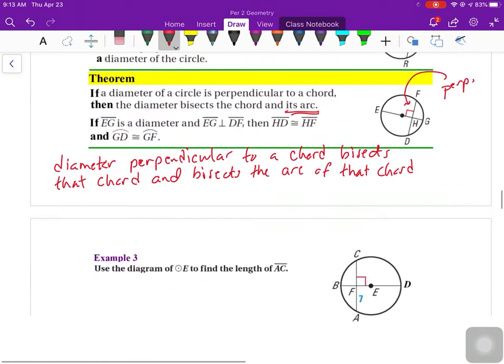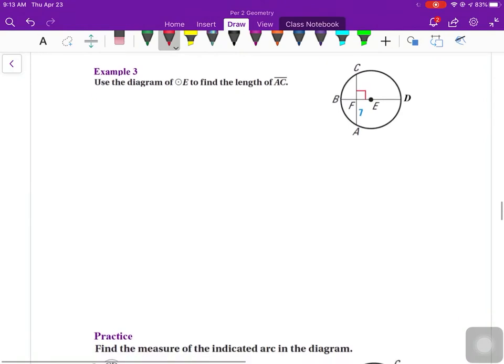Let's try an example of this concept where we apply it. So in the diagram, we can see that we have a diameter. B to D is a diameter. And we can see that B to D is perpendicular to C to A. We have that right angle there.